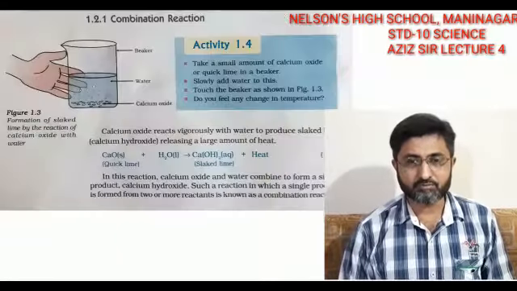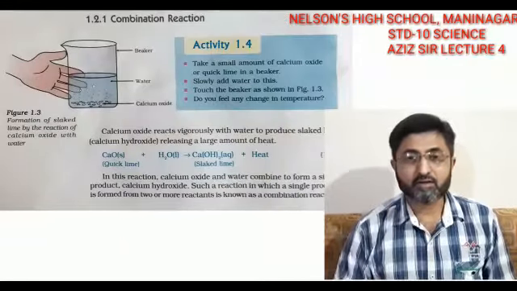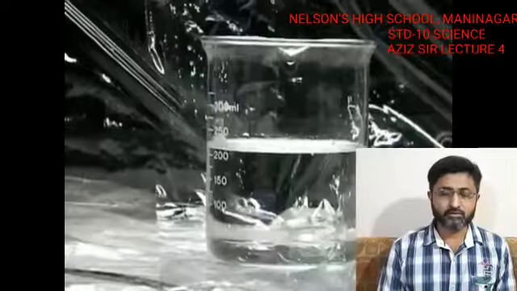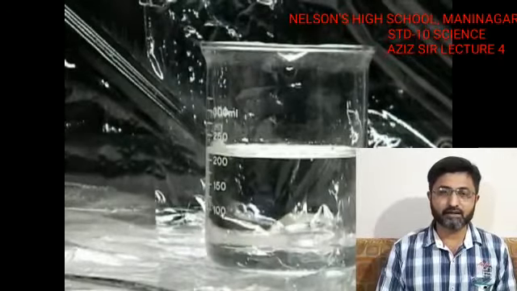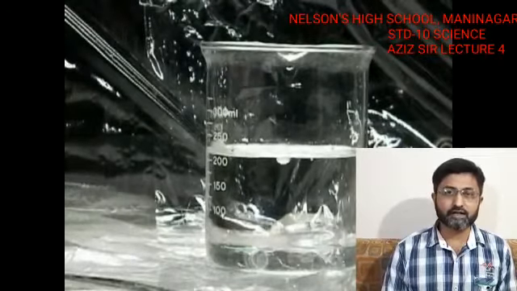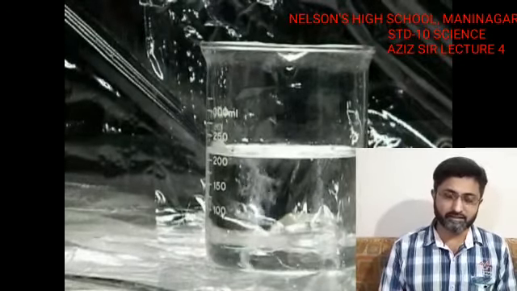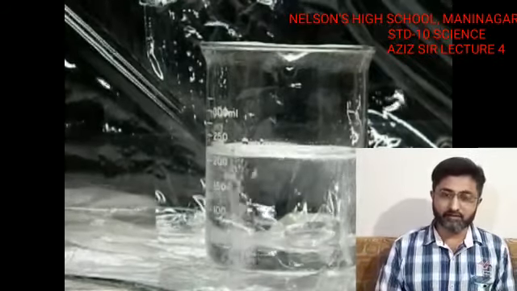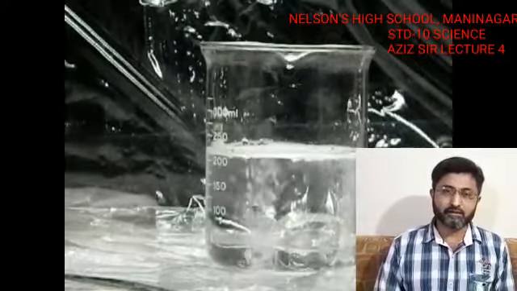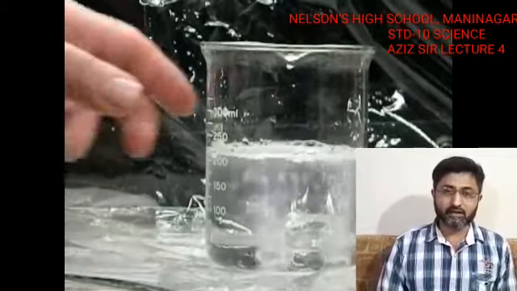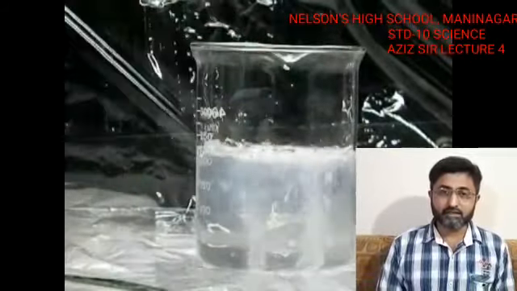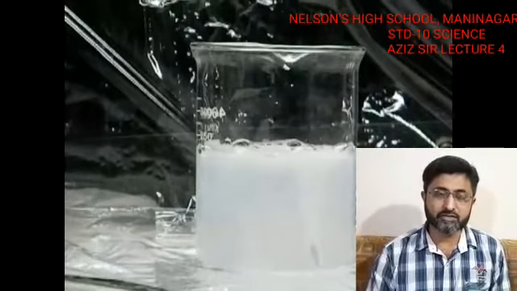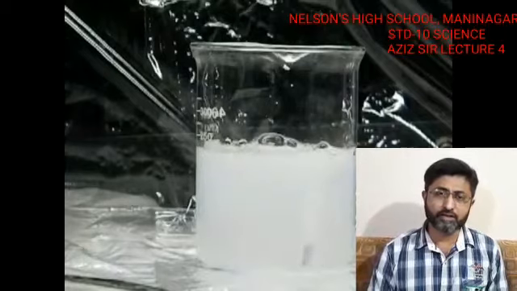For example, you are able to see calcium oxide reacting in the presence of water. Now you are able to see these crystals of calcium oxide put inside the water which is kept in the beaker. It starts reacting slowly and you are able to see that it starts forming vapors, that is steam, which has been produced due to the amount of heat produced.